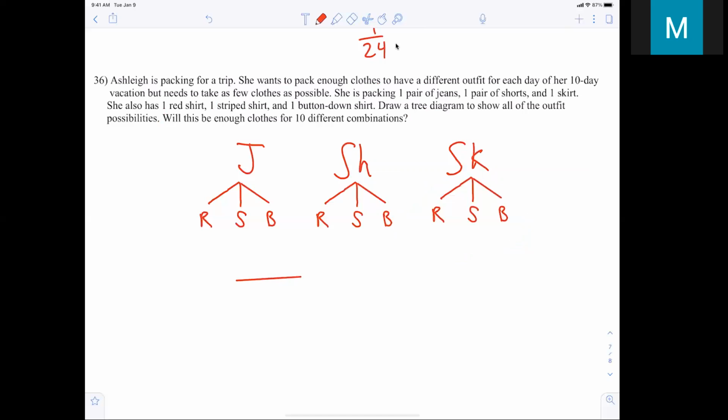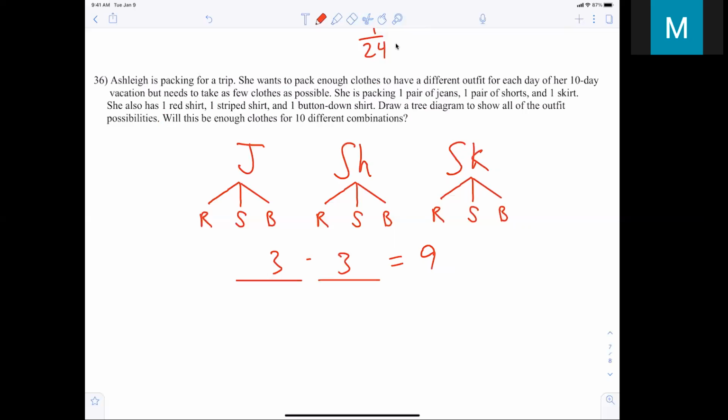So is she going to be able to wear a different outfit? 9 outfits. Easy as that. All right, there you have it.